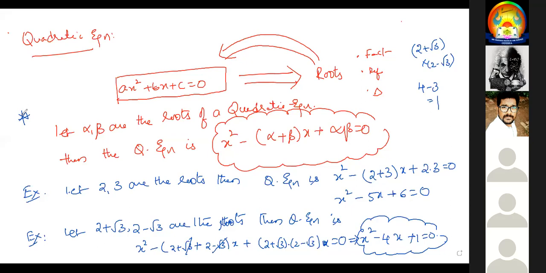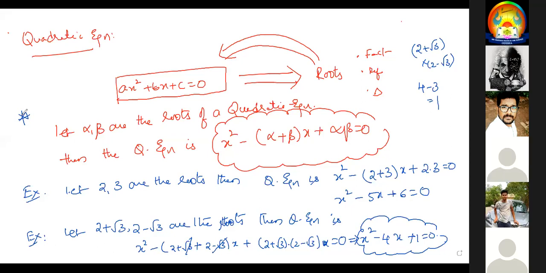Let alpha comma beta are the roots of a quadratic equation. Completed, sir. Very good. Examples also please write down.